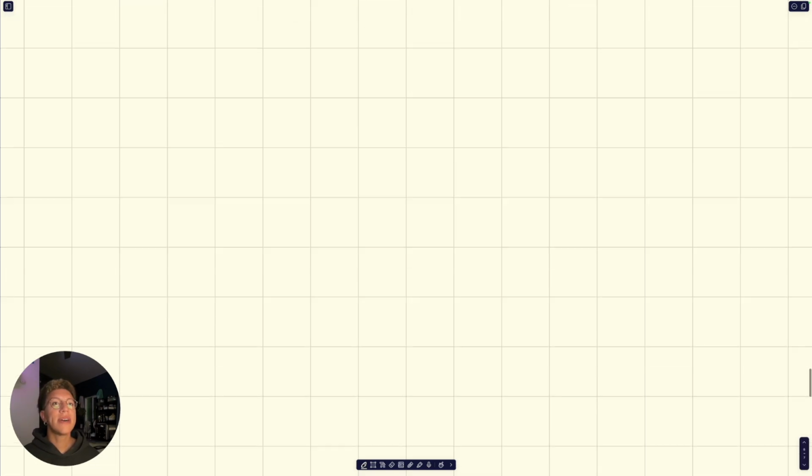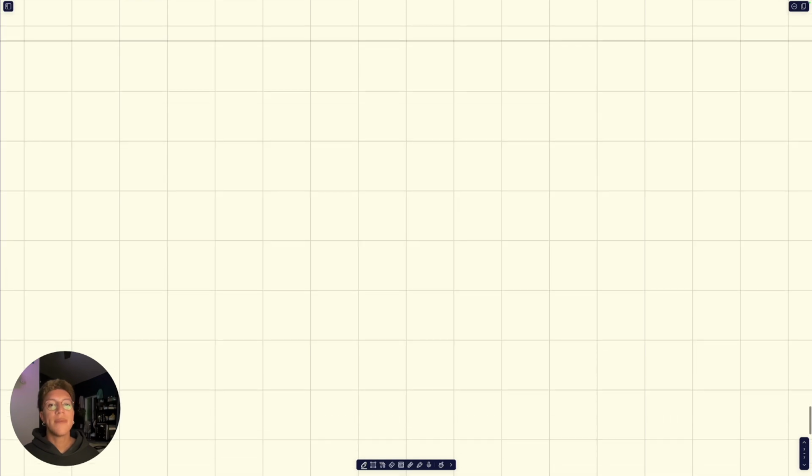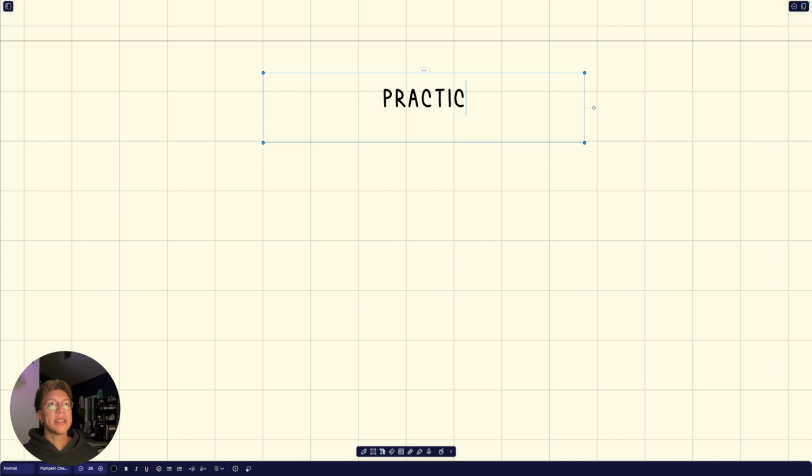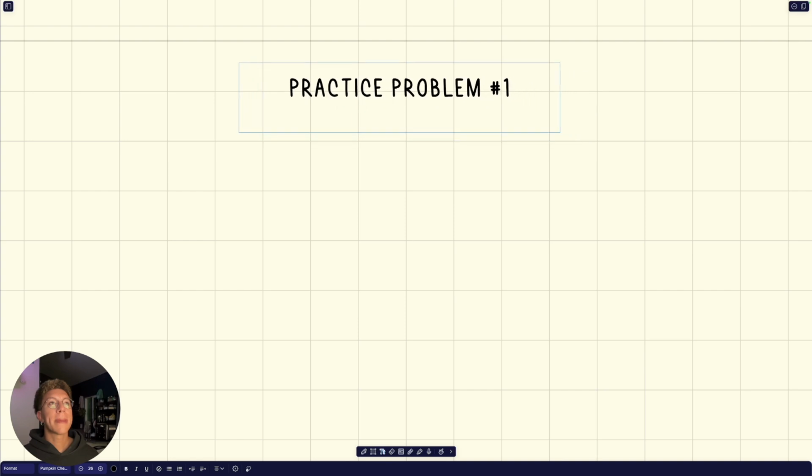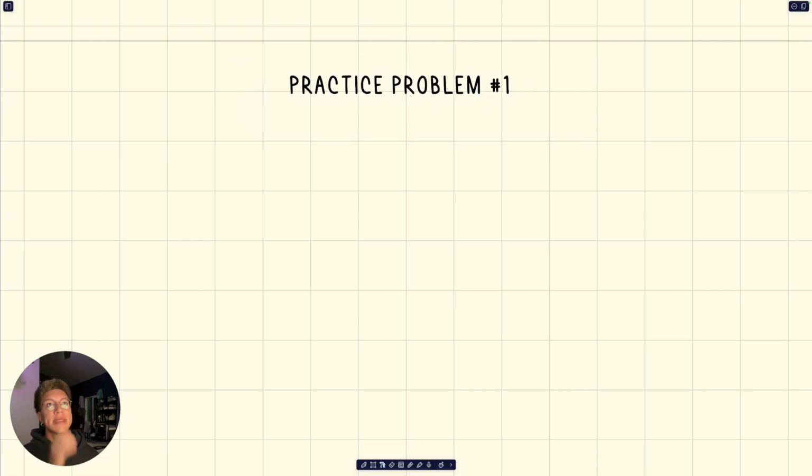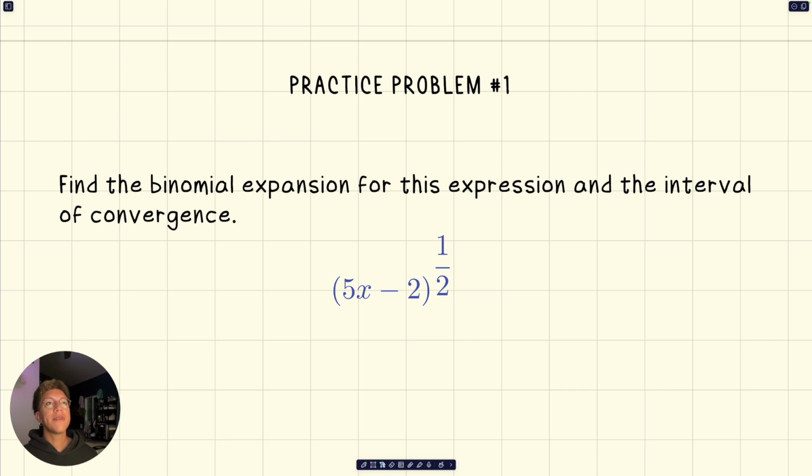So let's go down to a new page and we'll take a look at our very first practice problem. So we'll call this practice problem number 1. For our very first practice problem, we'll keep it pretty simple. We're going to find a binomial expansion for something that we talked about up above, and that is a binomial raised to a fractional power.